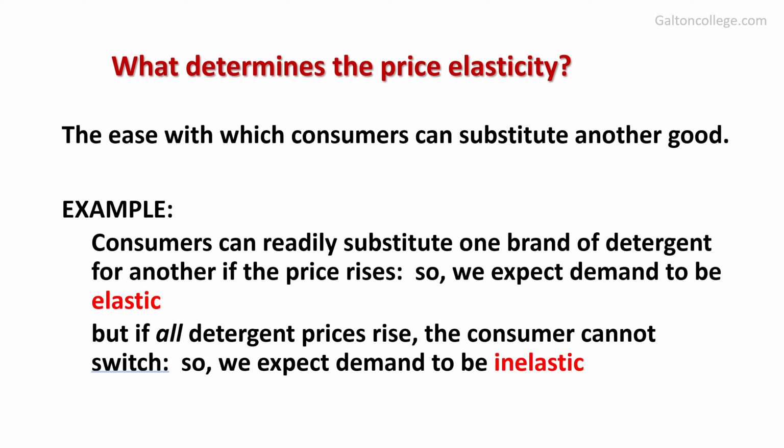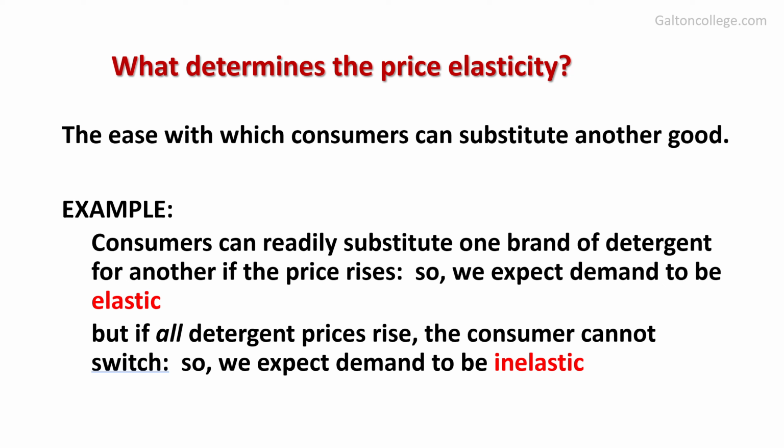If all the detergents rise by the same amount, then they can't switch. In that case, the demand is inelastic. They have to buy it because all the detergents go up by the same amount. If just one goes up by a large amount, they'll switch to a different one that hasn't increased. In that case, the demand is elastic. It varies.